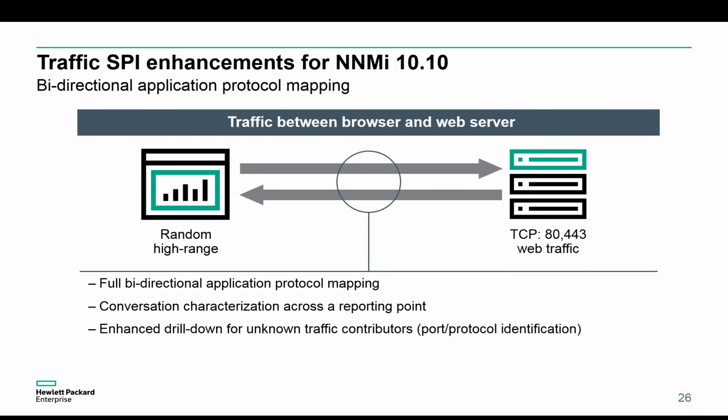What we've introduced in 10.10 is the ability then to capture the return traffic that is returning to an unmapped random high range port as part of the conversation and correctly characterize the application that that's associated with. So that really helps us capture the full conversation, the full volume of the conversation across a particular reporting point, and it enhances our ability to characterize what was previously unknown traffic.